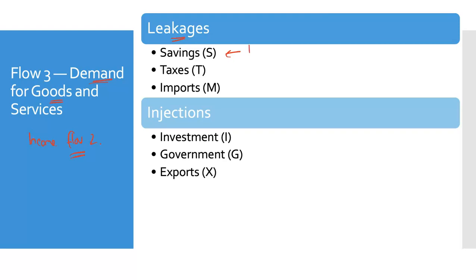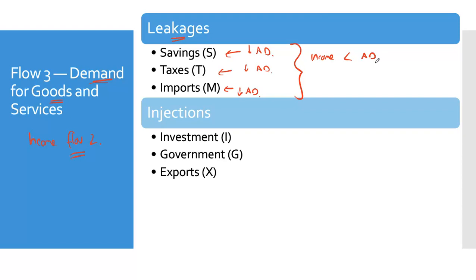This reduces aggregate demand because you're not going to spend on goods or services. Taxes also reduce aggregate demand because you can't spend money on goods or services that you must pay in taxes. And imports are when you use your income to buy goods from overseas. This reduces aggregate demand because aggregate demand is demand for Australian-made products. So these three are things that are going to mean that income is greater than aggregate demand.